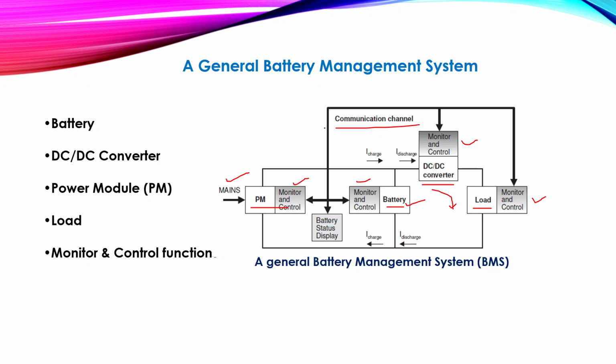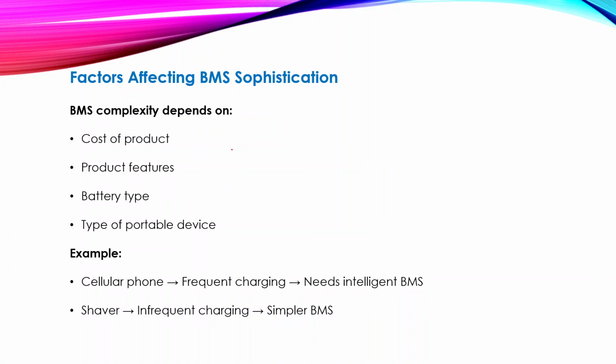Now, what are all the factors affecting this BMS? Coming to the factors affecting it, we have the cost of the product, features, battery type, and type of the portable device. The sophistication of a BMS depends on several factors.